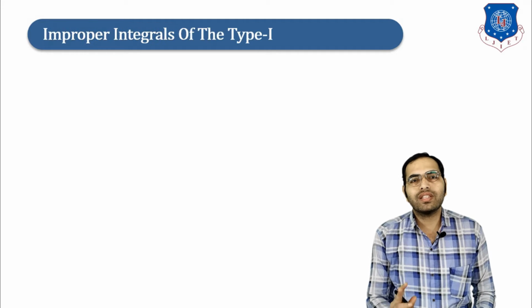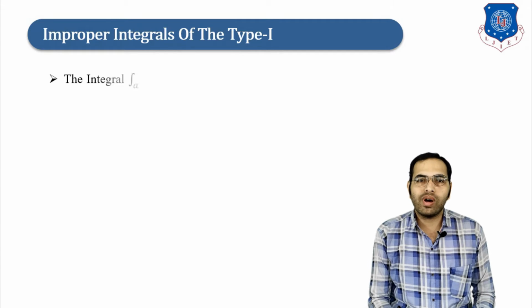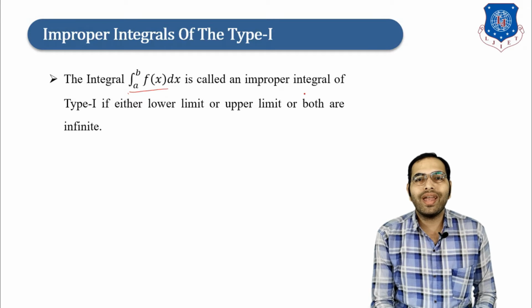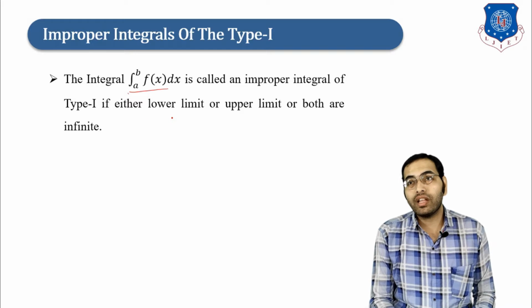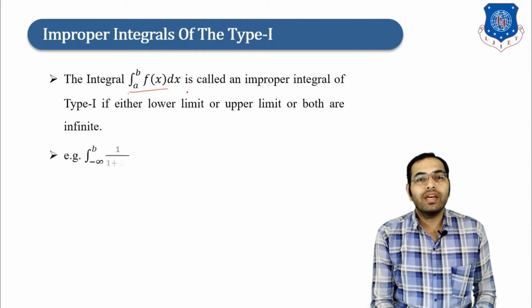Basically, improper integral has three types. Firstly, we discuss the improper integral of type 1. The integral a to b f of x dx is called an improper integral of type 1 if either the lower limit or the upper limit or both the limits are infinite.